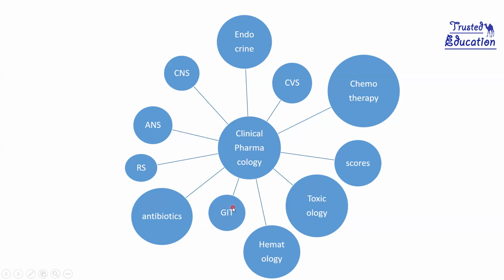Okay, the GIT is a smaller part, but we need to focus on the ulcer and H. pylori and the GERD condition. Hematology.